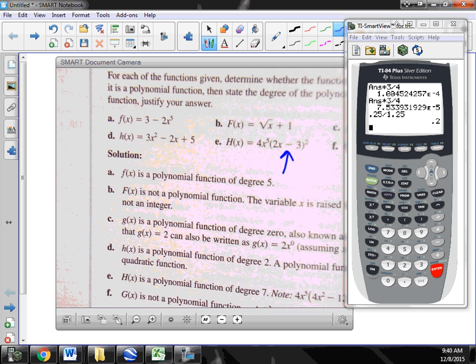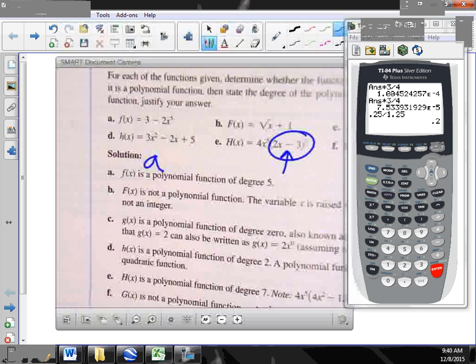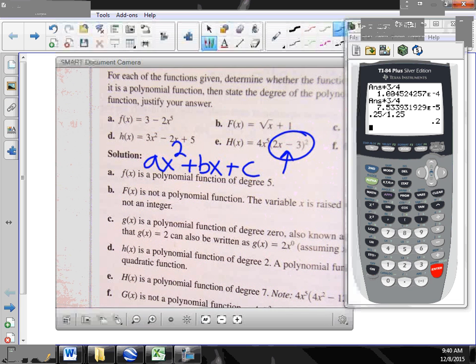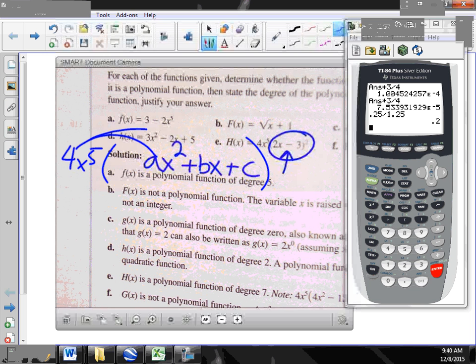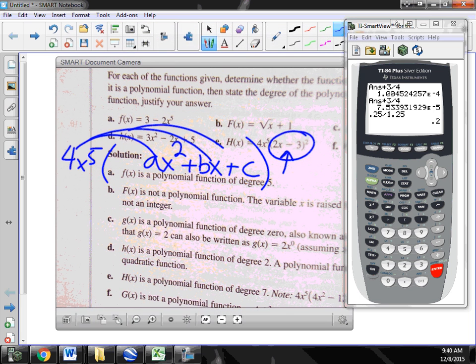So this piece here is going to be something like ax squared plus bx plus c. It's a trinomial. So if I take 4x to the 5th and I multiply it into each term, do I get more terms? No, I still have 3 terms. They just got bigger, but I haven't added any terms. So this would be a 7th degree trinomial.